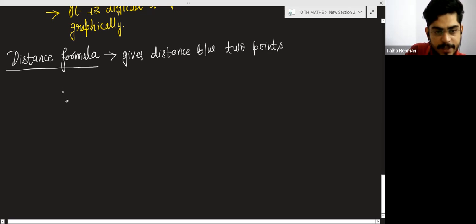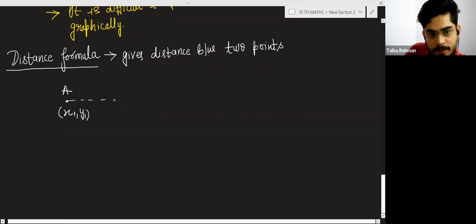Suppose the point A is here, and this point A has the x coordinate x1 and y coordinate y1, and another point B is there having the x coordinate x2 and y coordinate y2.